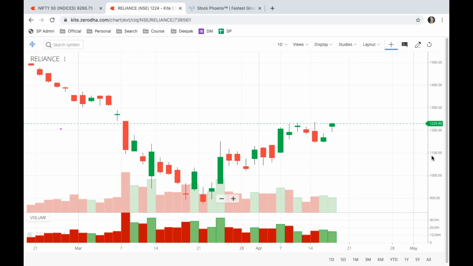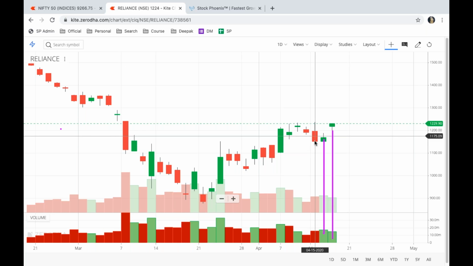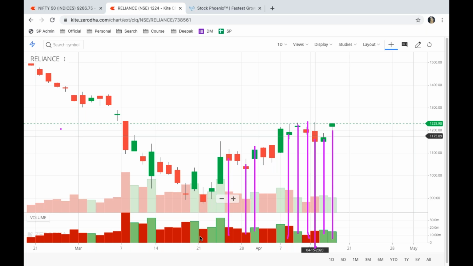Mostly, listen carefully, mostly if it is a green candle, the volume also will be green. Sometimes there will be a change. Mostly it will be the same. Sometimes there will be a change. That sometimes only will lead us into a problem. So that is what I am telling.